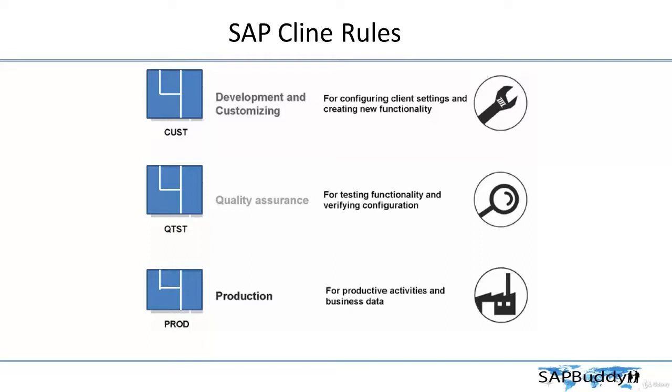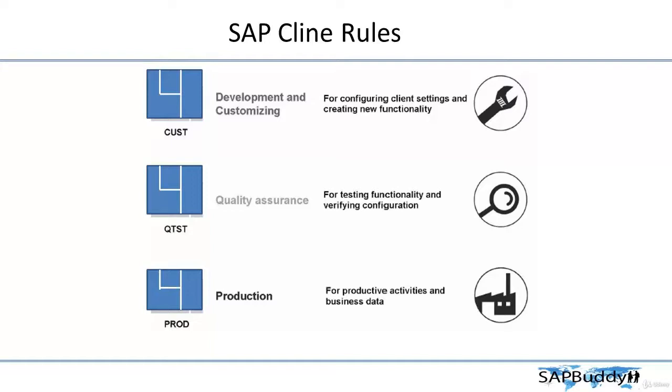The production client has the actual data of your organization, where you carry out all the critical operations of your day-to-day business activity. So we have to make sure all the developments and customizing you have done are tested in the quality assurance client. Then they should be transported to the productive system in order to minimize any negative impact on your productive data.